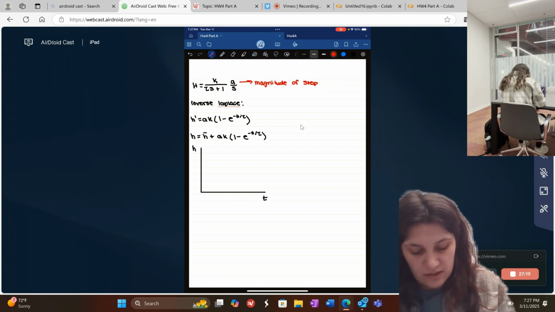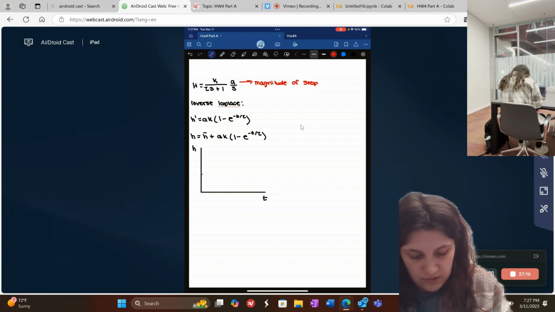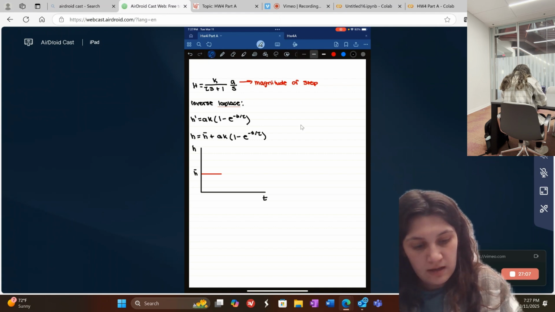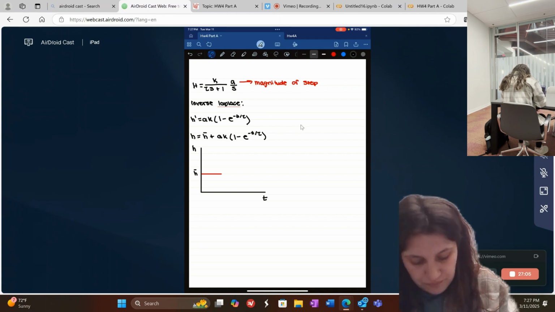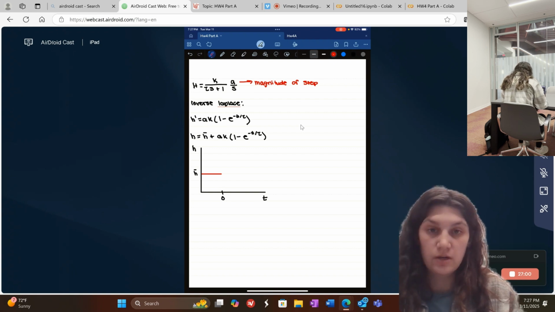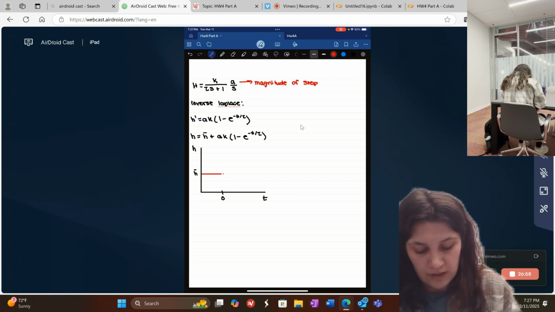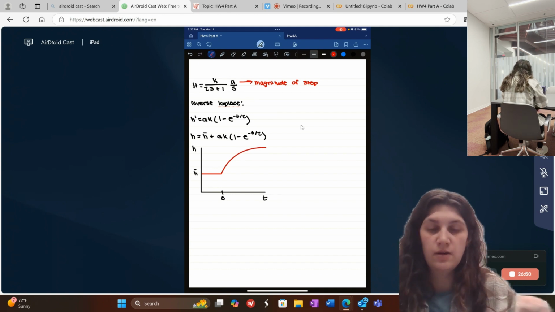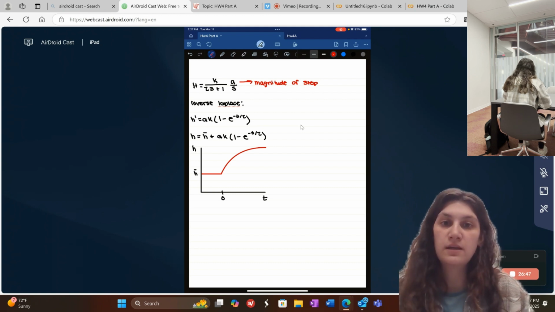What we'd expect to see is that we have our system at steady state, which is our straight line here at h bar, and at time 0 we're going to change the flow rate, and so we expect to see a step change, and the height of the liquid in the tank will increase.